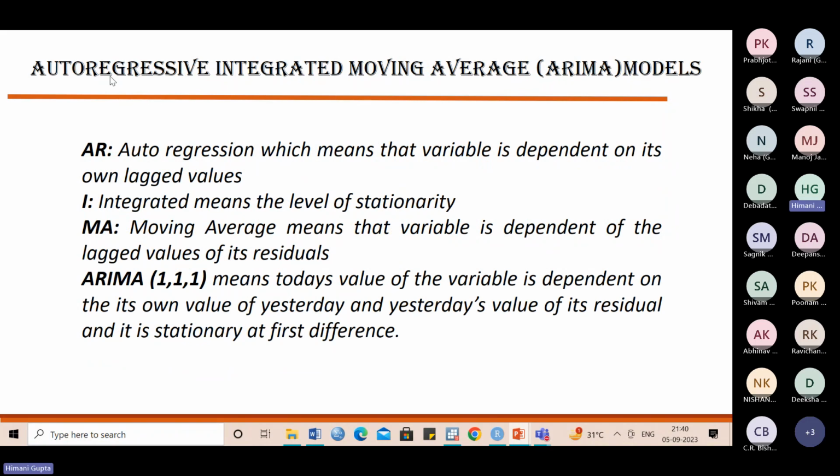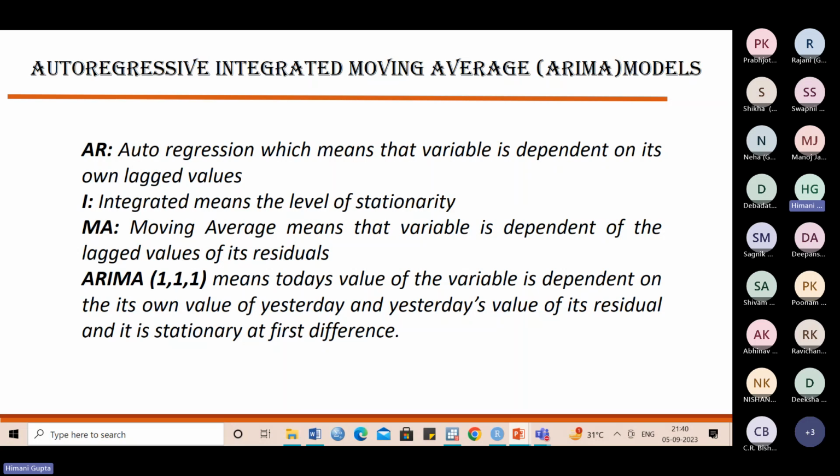So now let's come to auto-regressive integrated moving average. What does this word integrated tell you? Integrated just tells you the level of stationarity. There is a myth among many scholars.